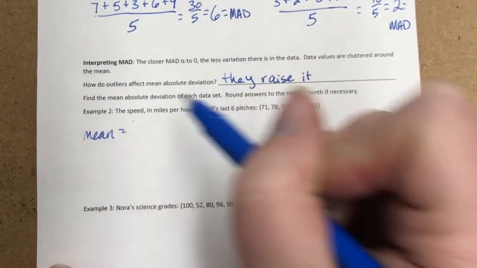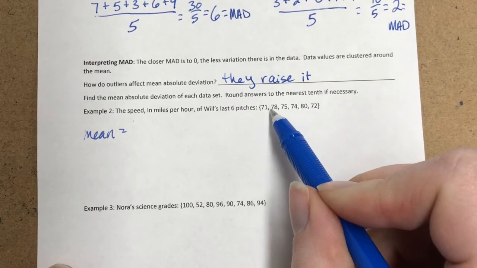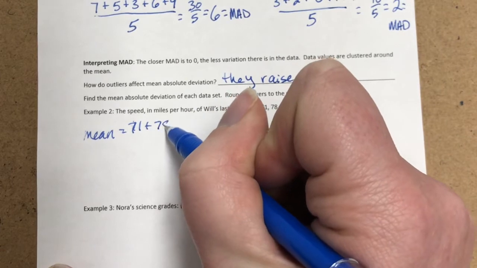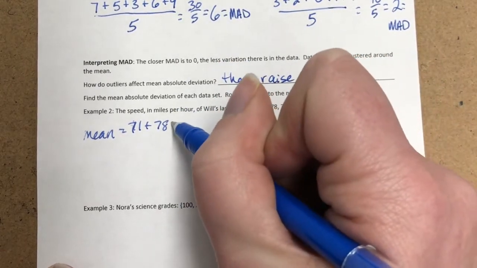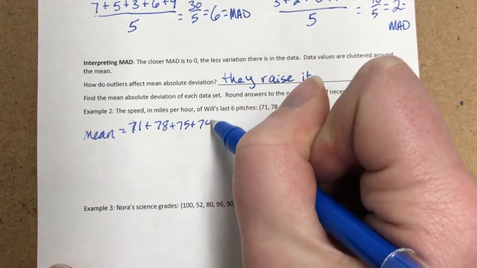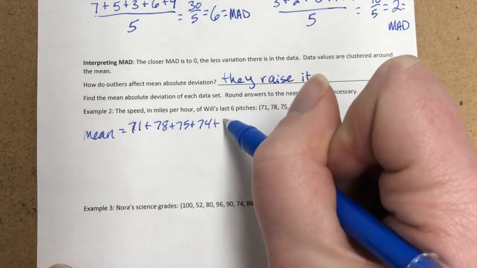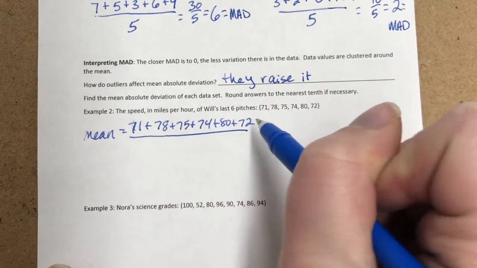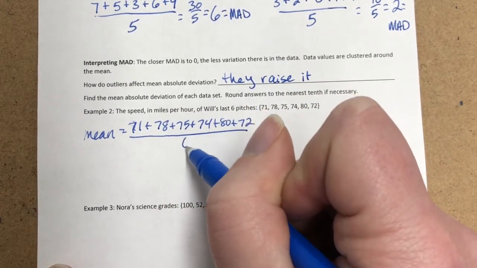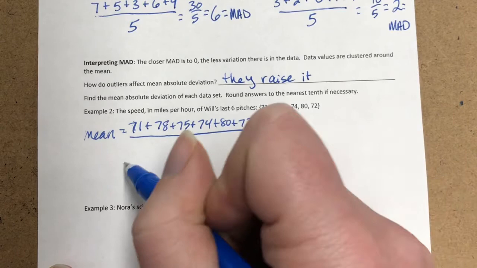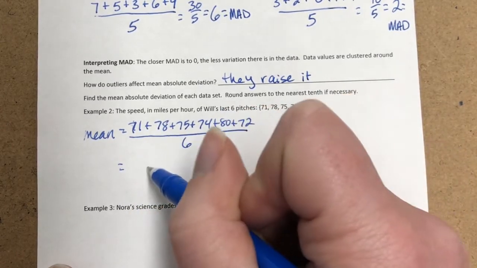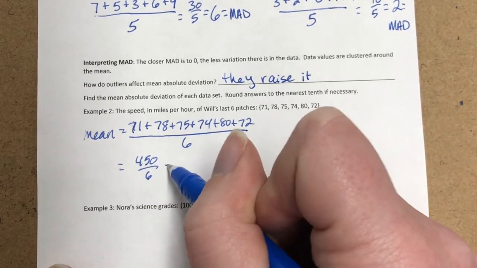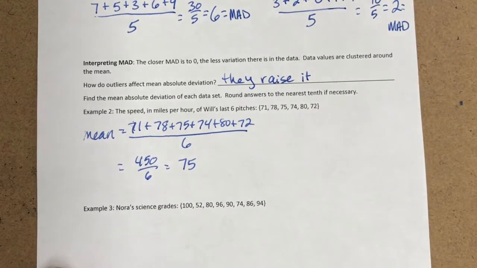So I add those up: 71 plus 78 plus 75 plus 74 plus 80 plus 72. Divide that by 6. So that would be 450 divided by 6, which is 75.